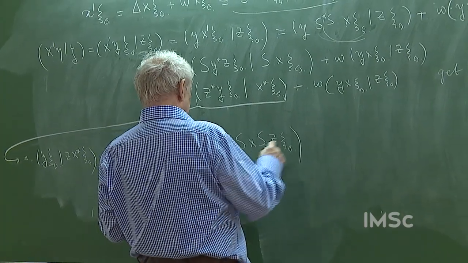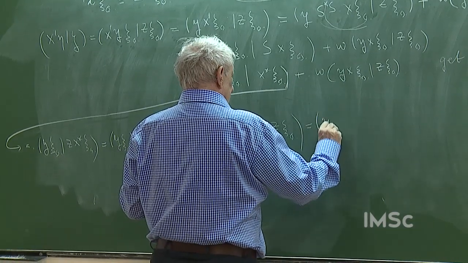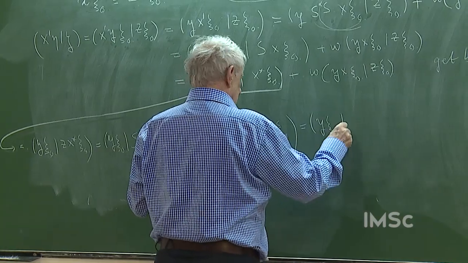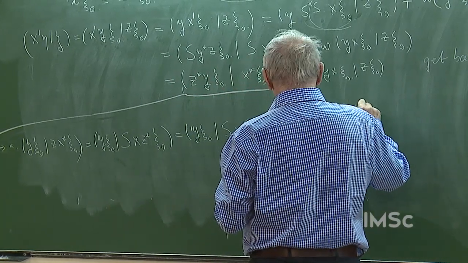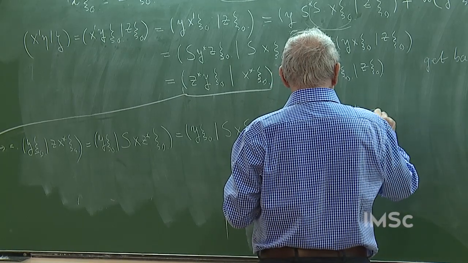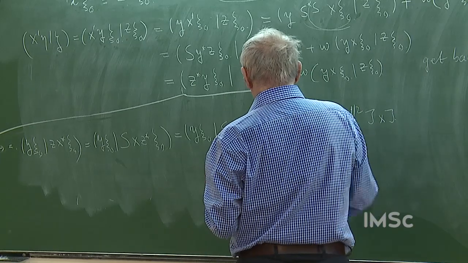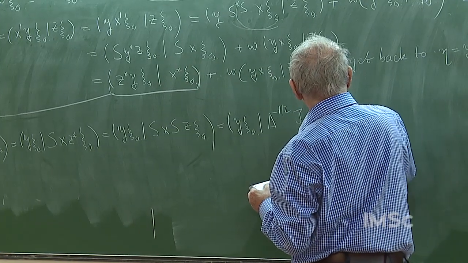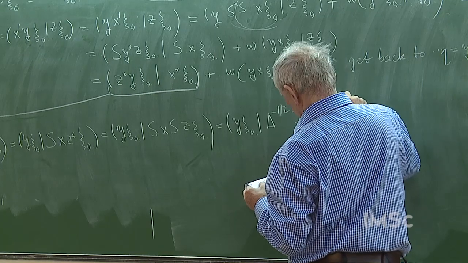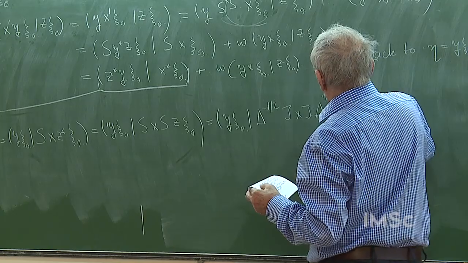Okay, and then this is further equal to y psi naught times delta minus 1/2 j x j y psi naught j delta power 1/2 z psi naught. Why this?